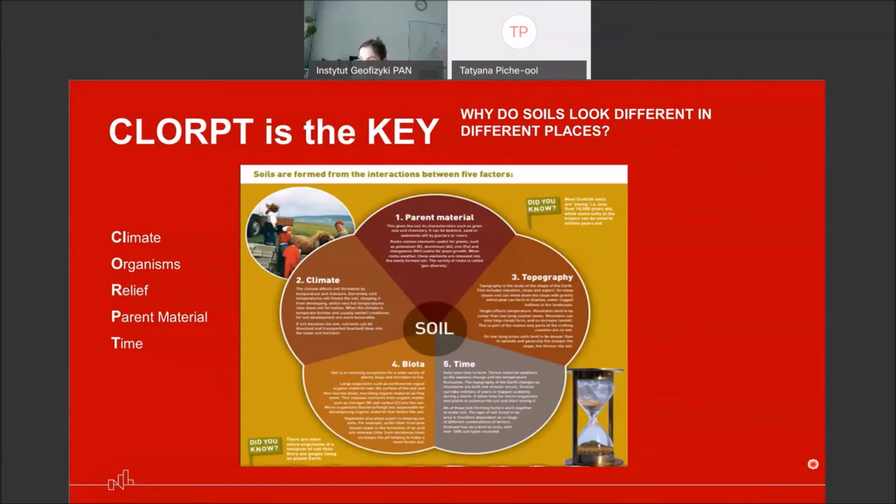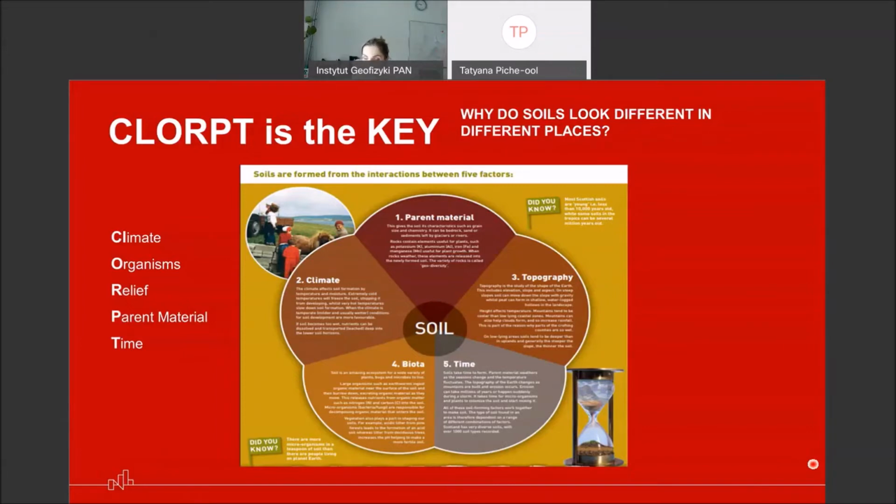And this can further affect the chemical, physical, biological relationships in the soil. Then we have organisms like plants and animals, which also influence the formation and the differentiation of those soil horizons, soil layers. Together with microorganisms that live in soil, they speed up the breakdown of large soil particles into smaller ones.